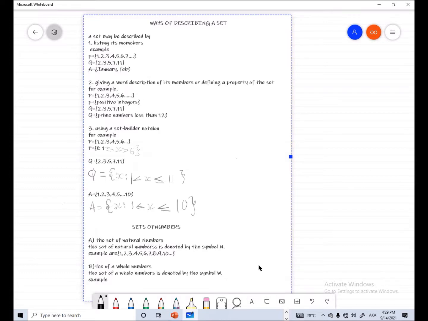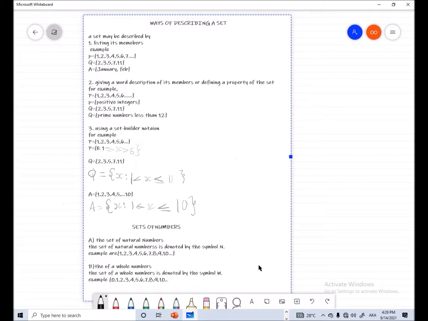Let's give an example of the whole numbers. Can we mention them? Do you know that 0 is a whole number? We can talk about 0, 1, 2, 3, 4, 5, 6, 7, 8, 9, 10.